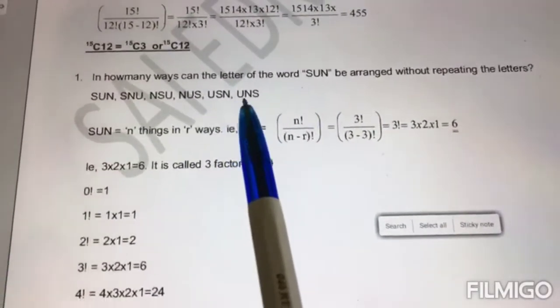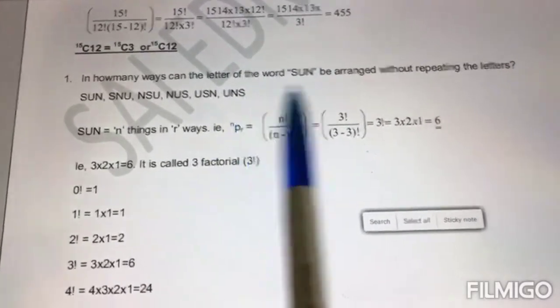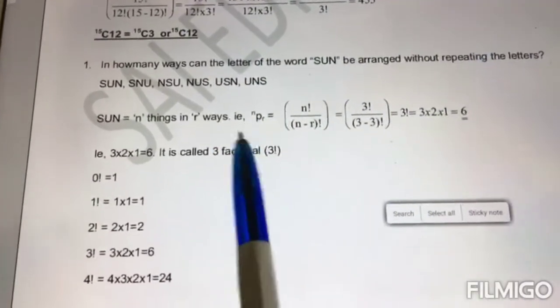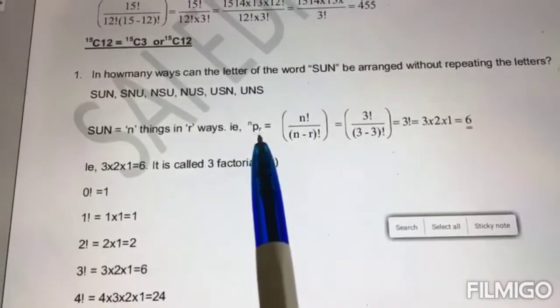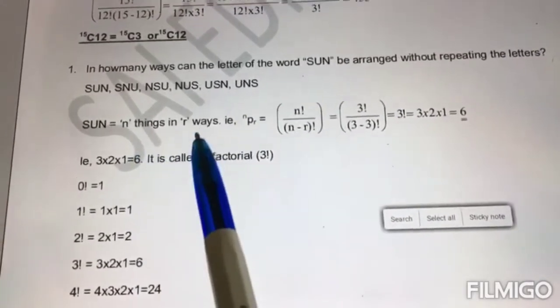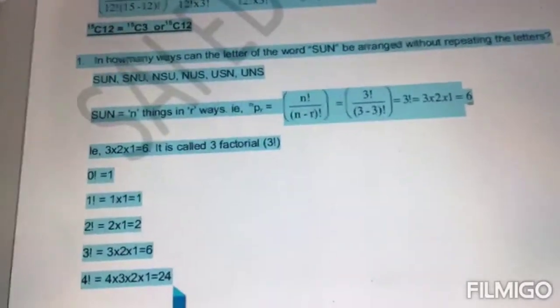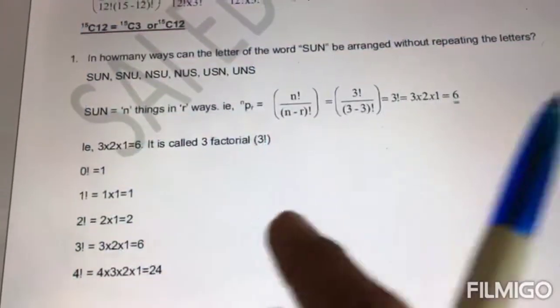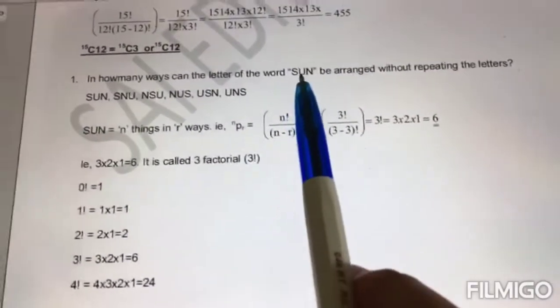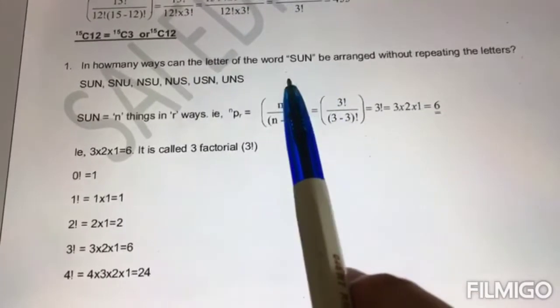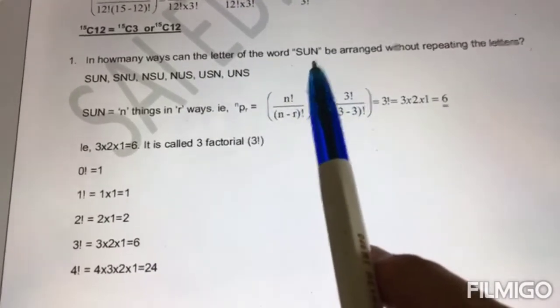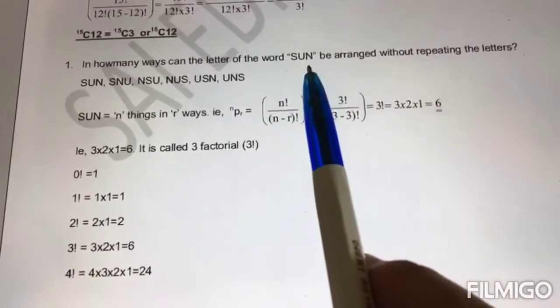This is a permutation question, because they're saying we cannot repeat the letters. So it will be nPr, that is n things taken r at a time. What is n here? The number of letters is 3. And r would be again 3. What they're saying is we have to take these n letters and arrange them using these n letters only once.